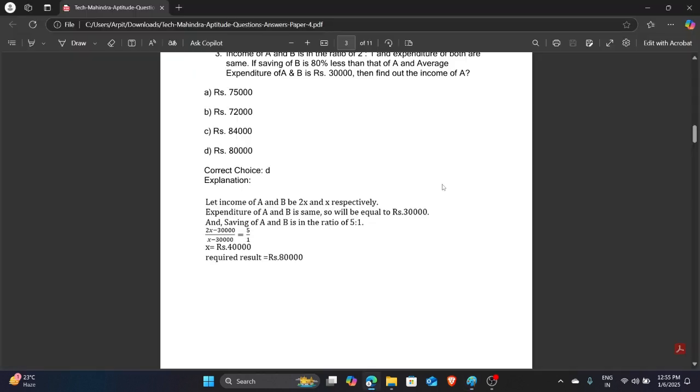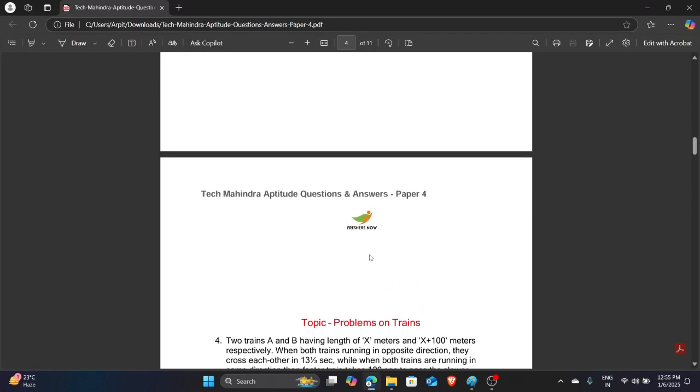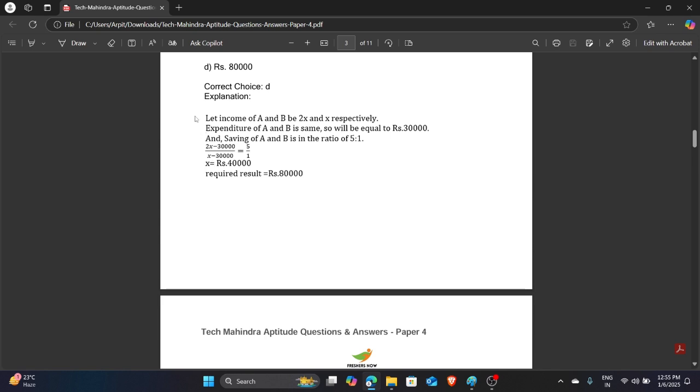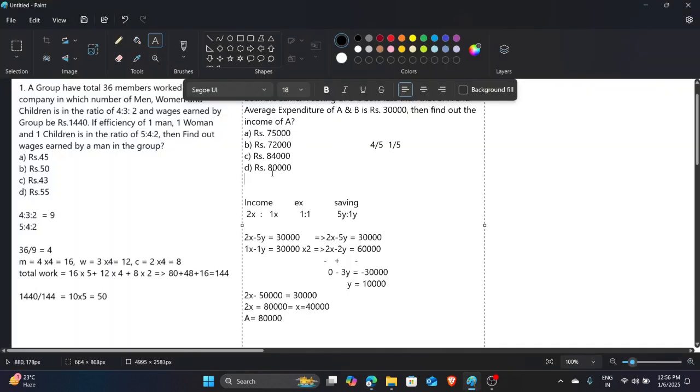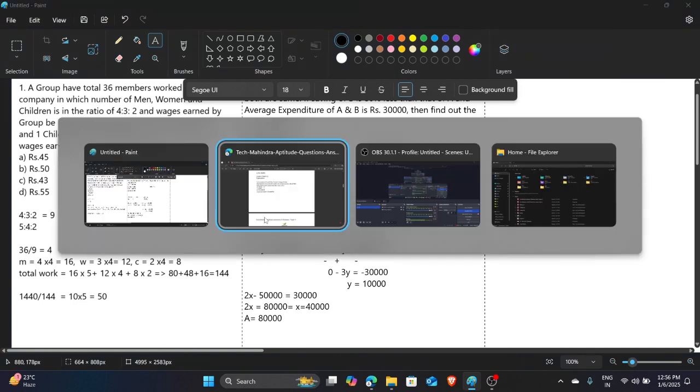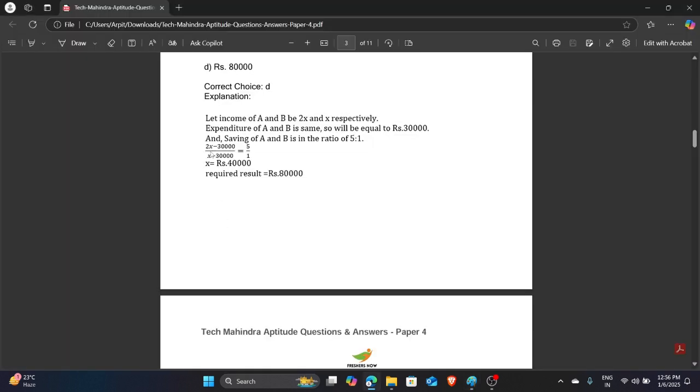Okay, now we do some more questions. Here you can also see this method is a little bit short, so you can do it with this method also. What they have done is, the incomes are 2x and x, and they also considered them as 2x and 1.